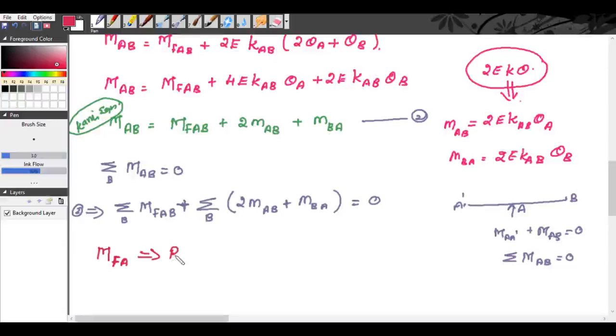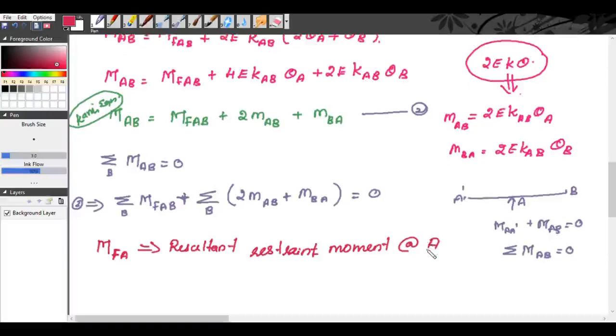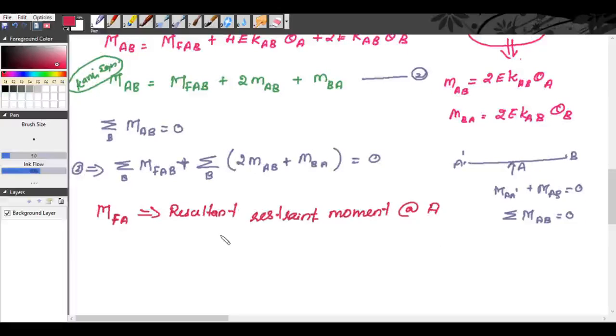MFA is the resultant restrained moment at A, and that is equal to the algebraic sum of all the fixed end moments at A. Summation of all the fixed end moments at A is called the resultant restrained moment at A.